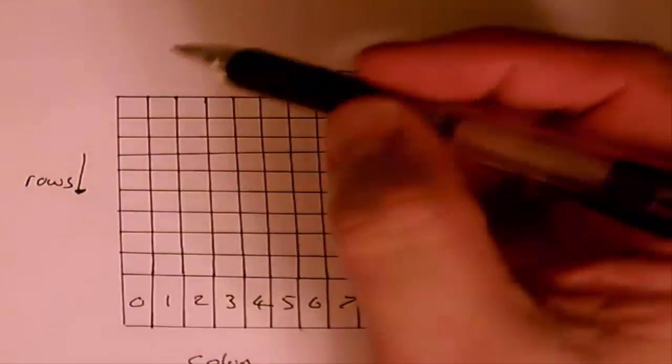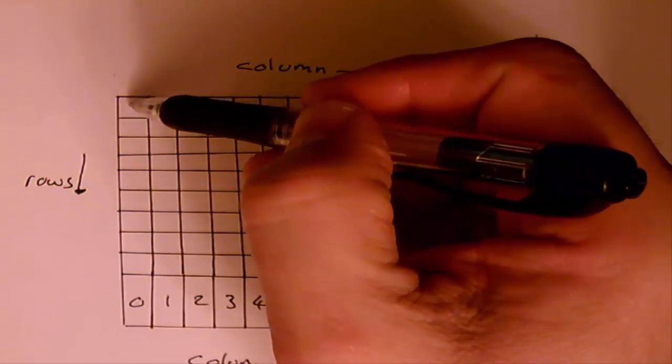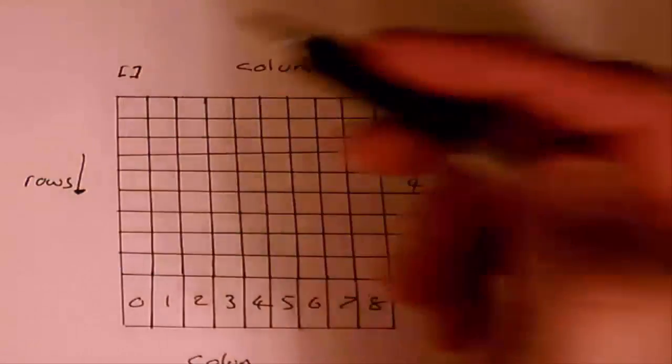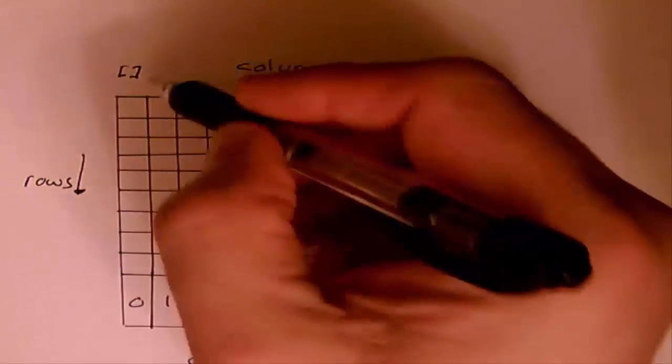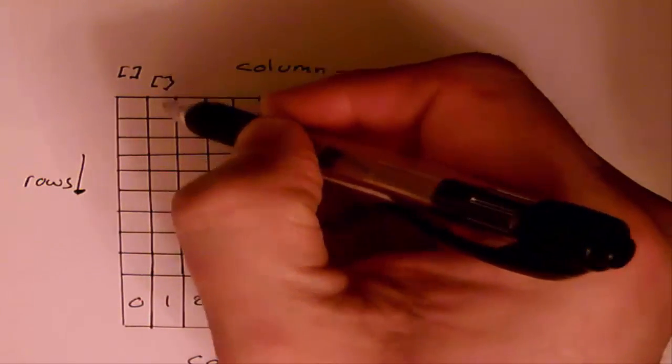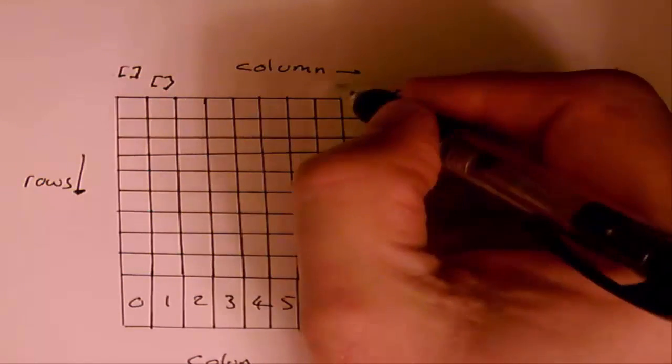And if you remember what we said, we're going to form a list to represent a particular column. So there will be a list here, and that will represent column 0, and then there'll be another list, and that there will represent column 1, and so on all the way up to column 8.